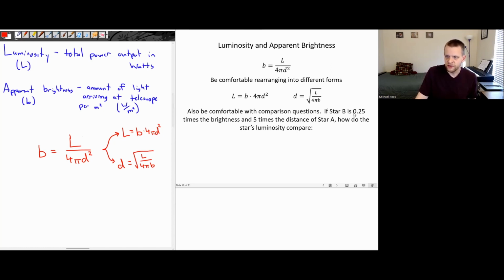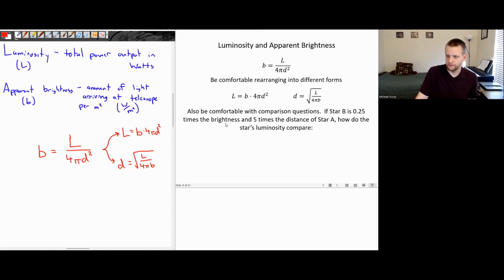Suppose star B is 0.25 times the apparent brightness and 5 times the distance of star A. I want to know, how do the star's luminosities compare? Make sure you're being careful when you're talking about brightness.